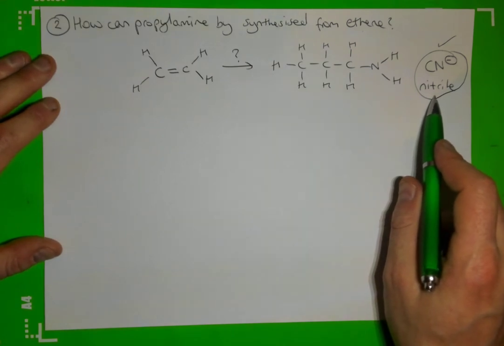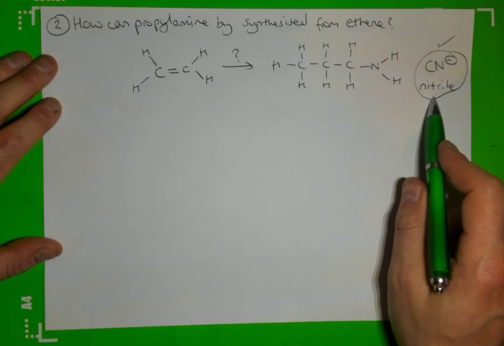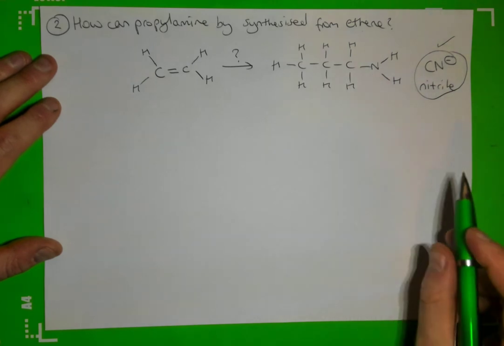So, just like we did in the previous example, we need to write down all the compounds that can be made from ethene and all the compounds from which the propylamine here can be made.